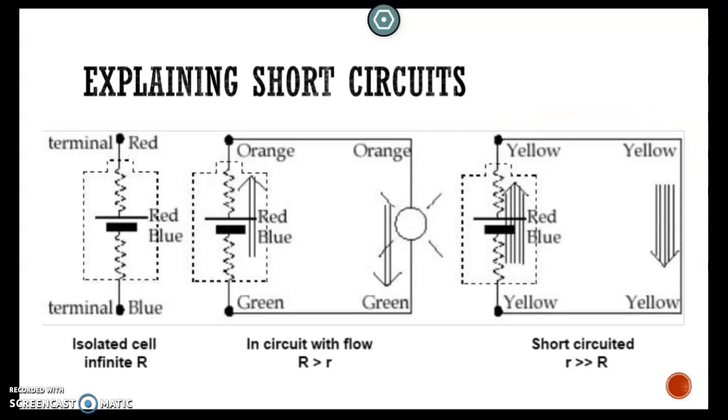Since the internal resistance is larger than the external resistance, most of the pressure difference ends up across the internal resistance, just inside the battery. And so as a result, the pressure difference across the terminals of the battery drops to almost zero, and we can color this whole wire, this entire shorting wire, as yellow.